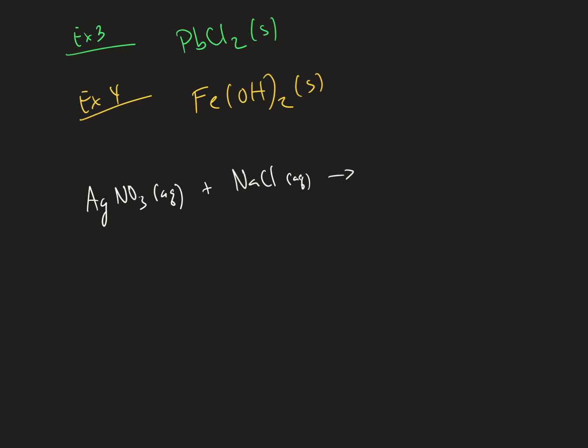Okay. So, since we have 2 aqueous solutions, what happens when it says aqueous? What does it mean? Dissociates. The ionic compound dissociates in water. And so now you've got a bunch of ions floating around.